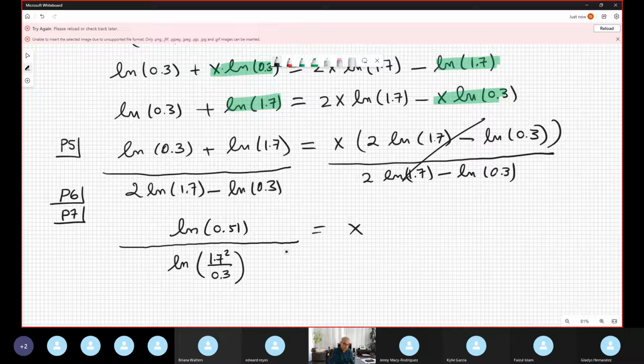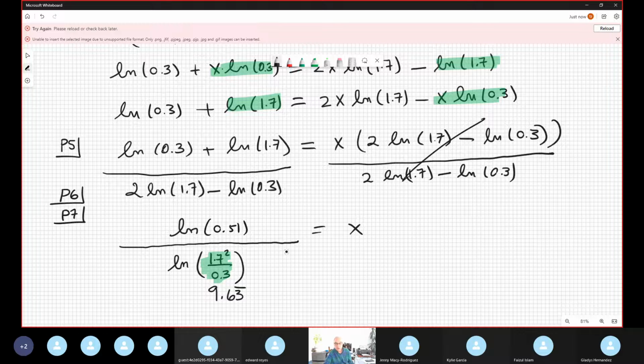So I put in my calculator 1.7 squared divided by 0.3. The answer is 9.63 repeated.